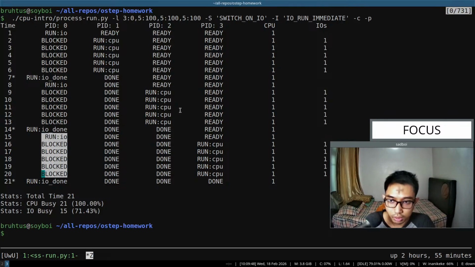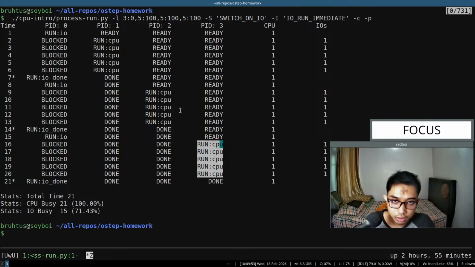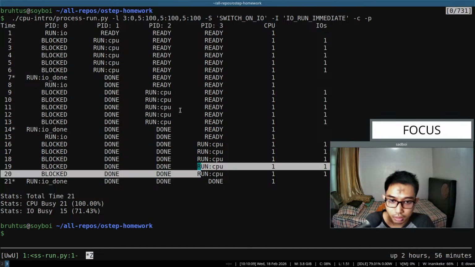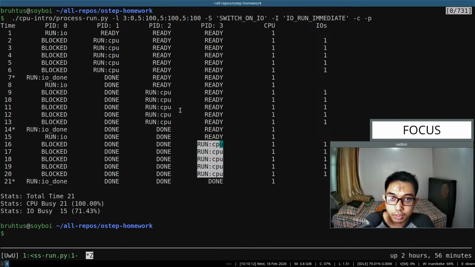While we are waiting for the input-output to finish, we can finish the fourth process, or PID3, this one. And by the time the CPU process on PID3 finishes running, we are also done with the third input-output.